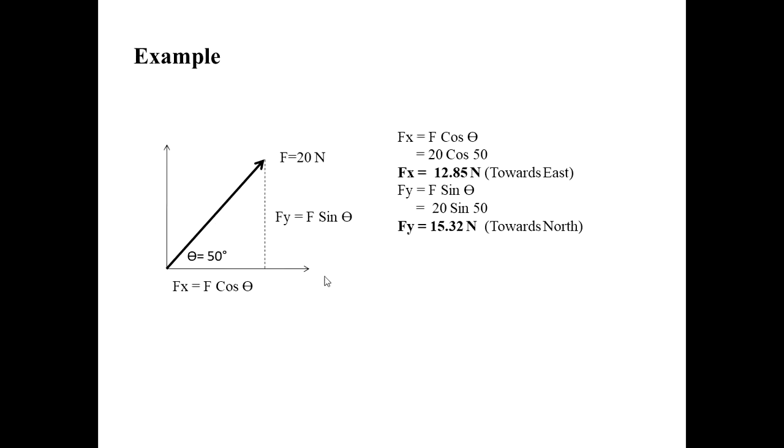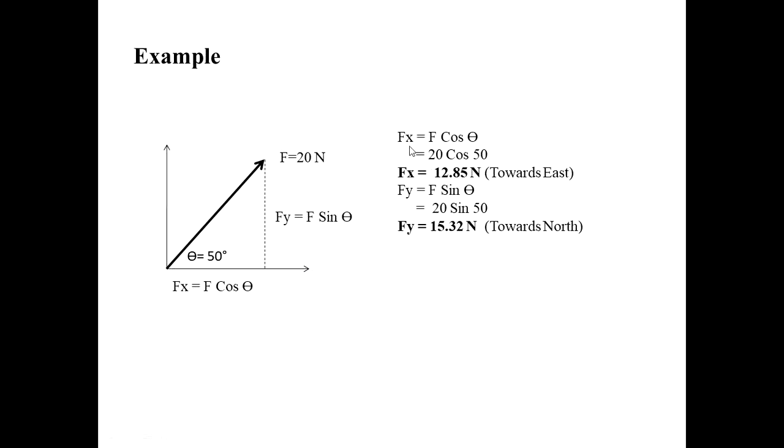Let us see one example. I want to calculate the two perpendicular components for this force F equal to 20 Newton at an angle of 50 degrees with respect to x. So I want to resolve this force into Fx and Fy. Fx is equal to F cos theta and Fy is equal to F sin theta.